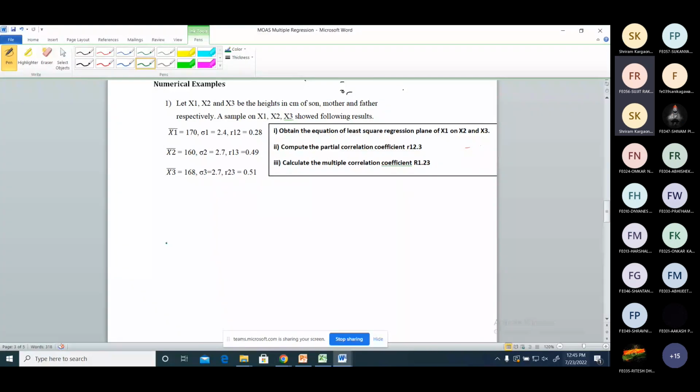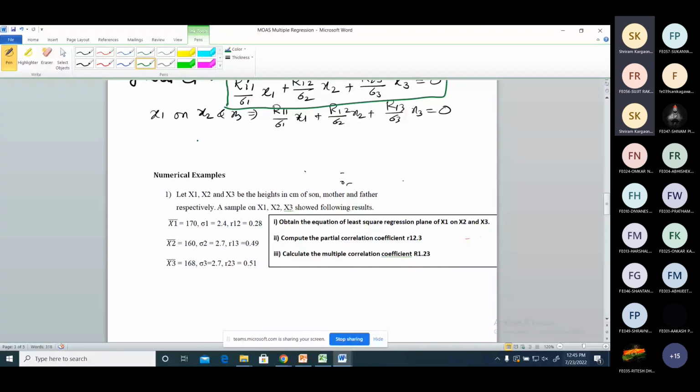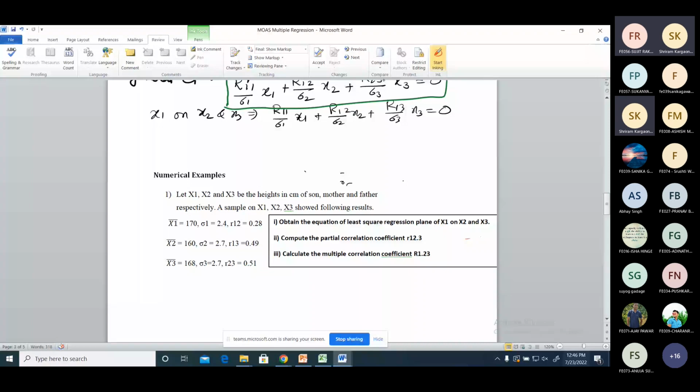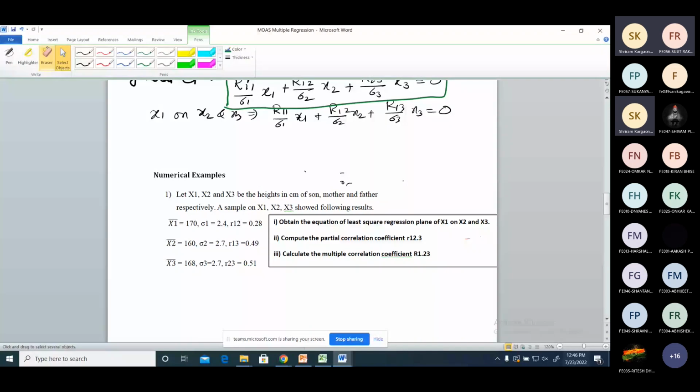Before I go to the numerical examples, I will better explain multiple correlation and partial correlation. Let's revise that, then at a time we can take the numericals. Are you able to listen to my voice clearly?